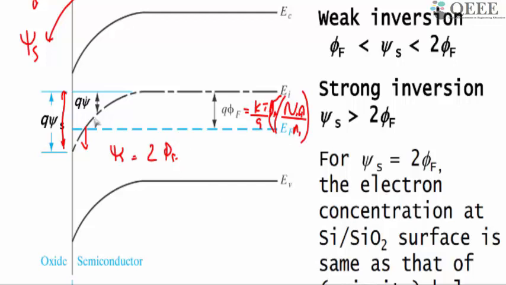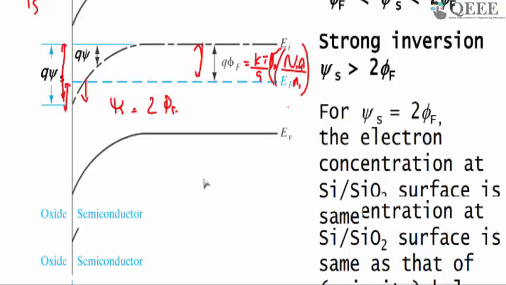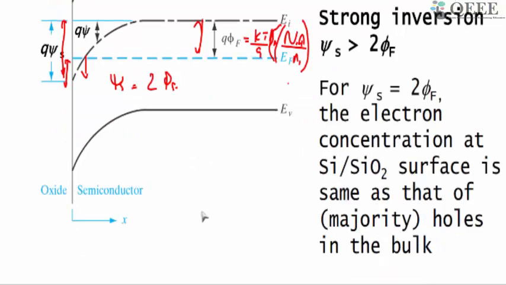If the band bending is twice the amount of this value, that means this delta and this delta will be the same. Or it says that the amount of electrons at the surface is equal to the amount of holes in the bulk, right? We call that condition inversion. The surface is perfectly inverted.